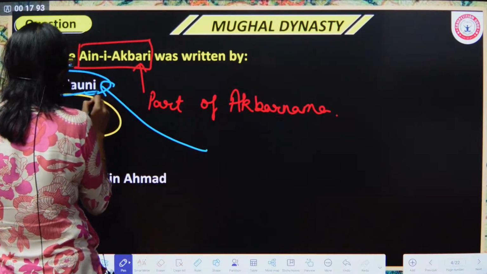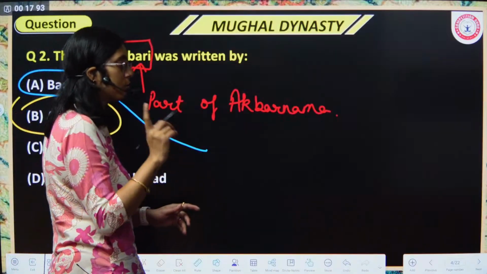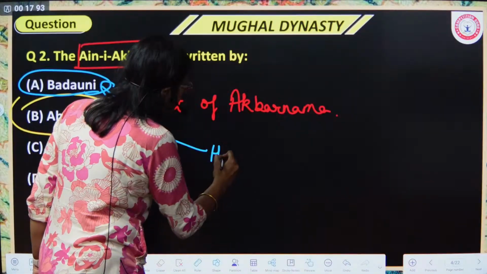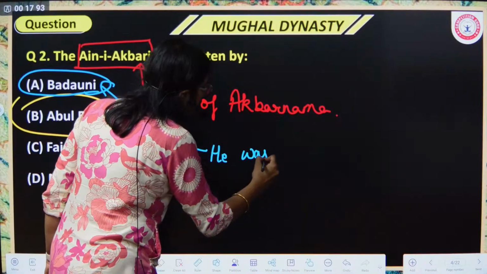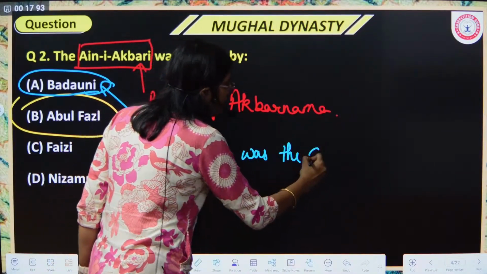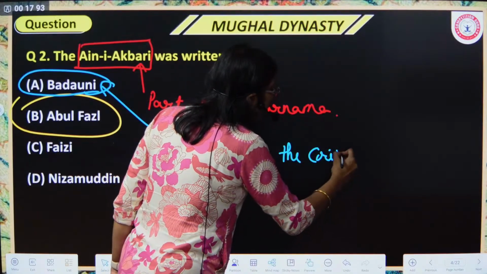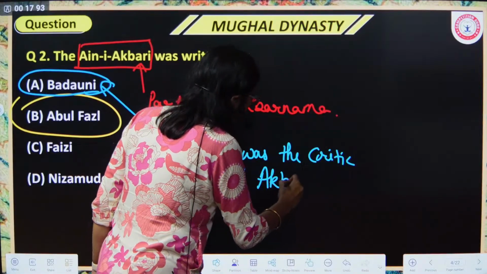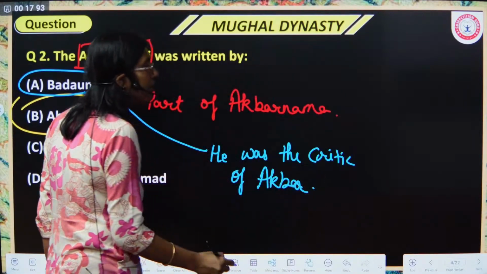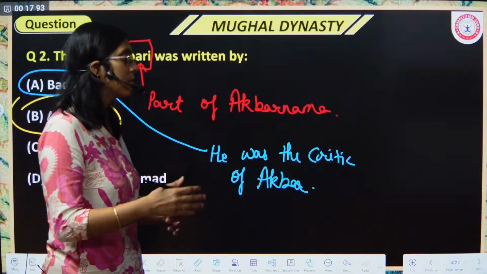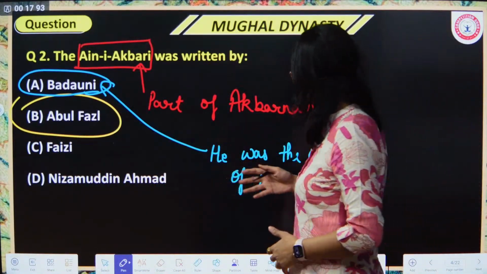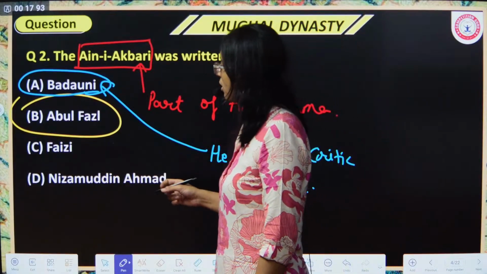The main important part of Badayuni, you must learn, is that he was the critic of Akbar. Every time, what he did, he critically analyzed Akbar's policy.